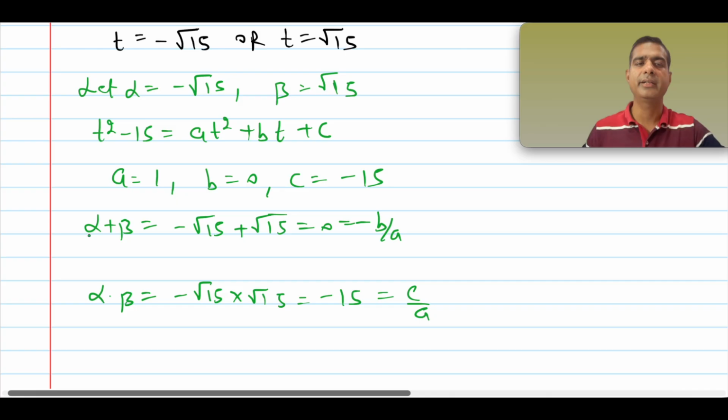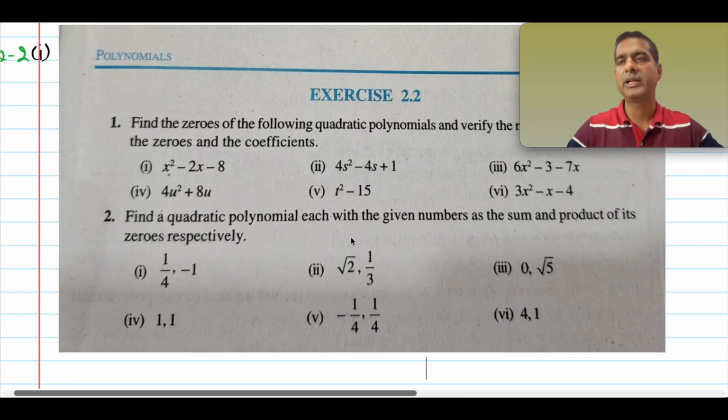So we verified that the sum of the roots is negative b by a and product of the roots is c by a. So our question is done. So in this case there was no term containing t, only t square and the constant term was there, and we found out its roots and then verified the relationship between sum of the roots and the coefficients of the quadratic polynomial. So students, we have tried some parts of the question number 1. Rest of them you can solve by yourself just to check your understanding.